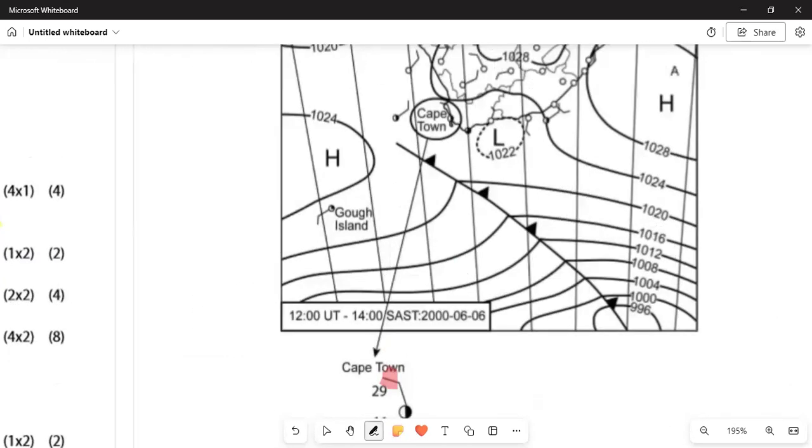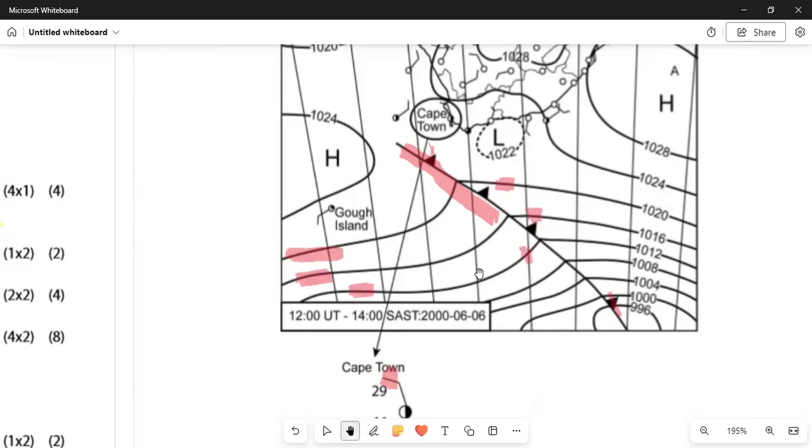Why? It is because of this cold front. This is the line of the cold front that is approaching Cape Town from this direction, and these are the strong winds. It will be very, very cold in Cape Town tomorrow. These particular lines that join the lines of equal pressure are called isobars. So these are the different types of isobars.